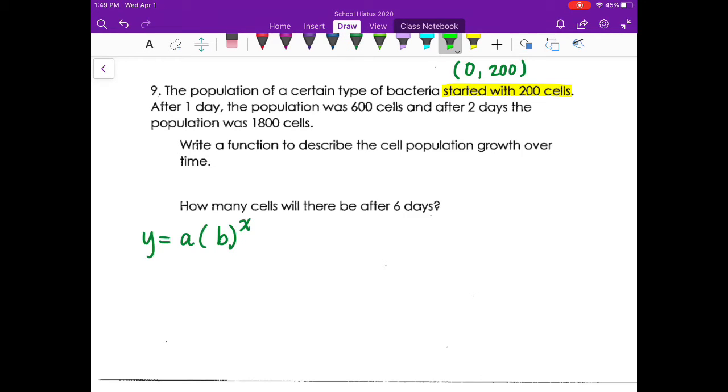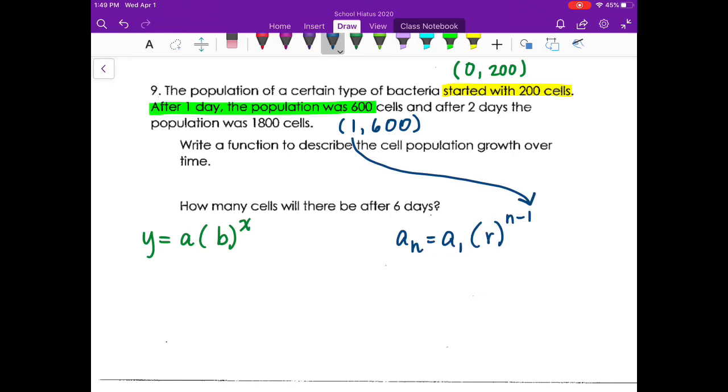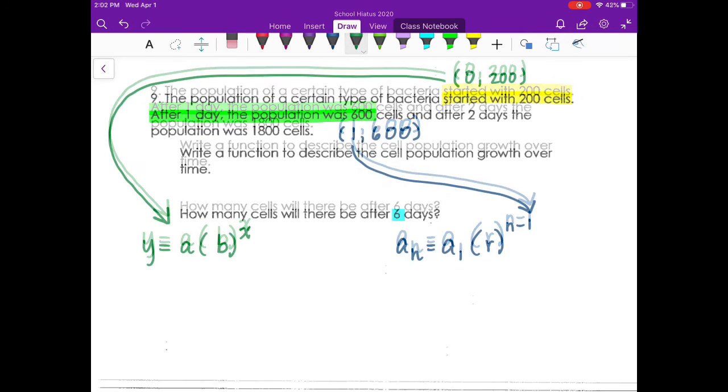Or we can choose to focus on day 1, which gives us the input-output pair 1, 600, and then we'll use a sub n equals a1 times r to the n minus 1. So if you're given the first term, you're using this formula. If you're given the 0 term, you're using this one. So let's set them up both ways and see how they compare.